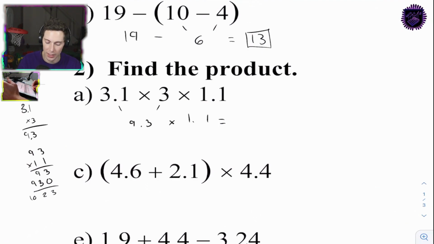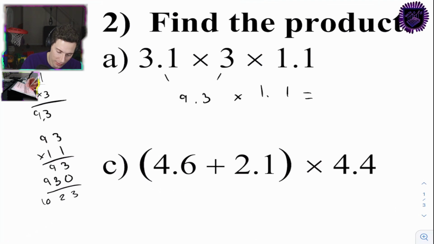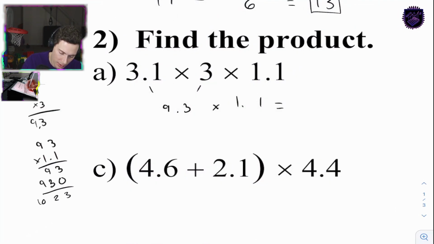And then, because it's a double decimal, right, we count the number of decimals, watch me write it in here, 1.1, 9.3. Can you see that? We're going to take those two and we're going to march over 1, 2 for our answer, 10.23.